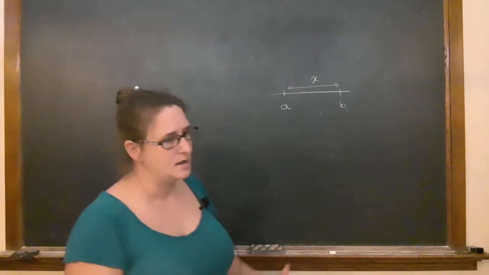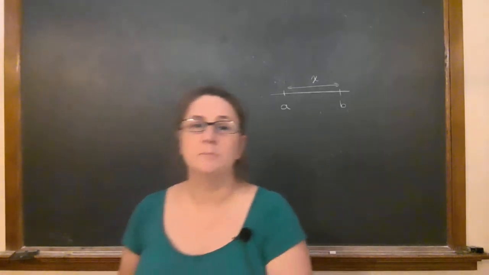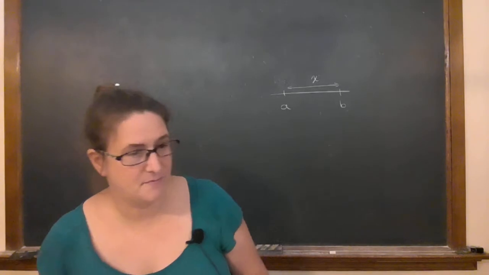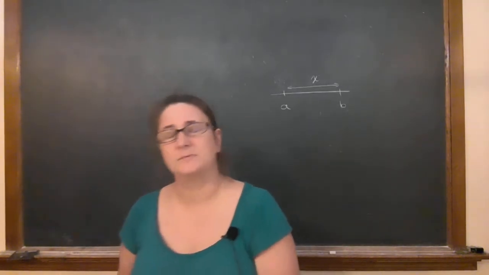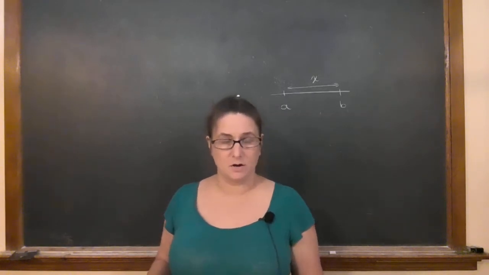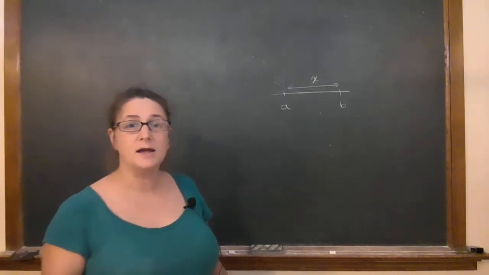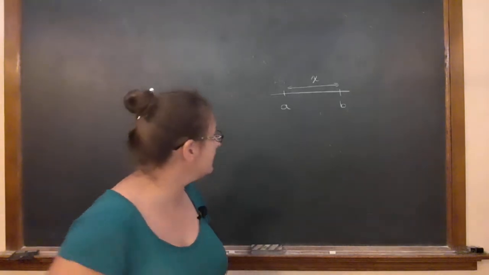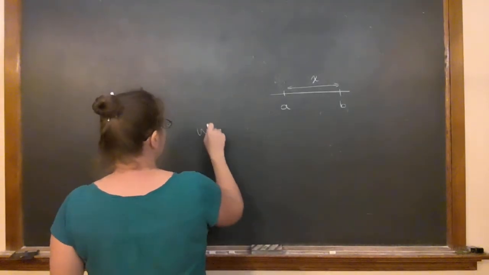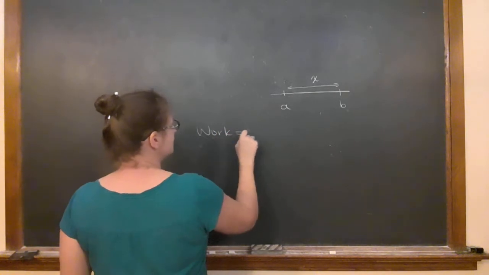So say I'm picking a book up off the table, where I have to push against the force of gravity, and that's a constant. So then all I have to do to work is the force times the distance. Okay? And in general, that's going to be true.